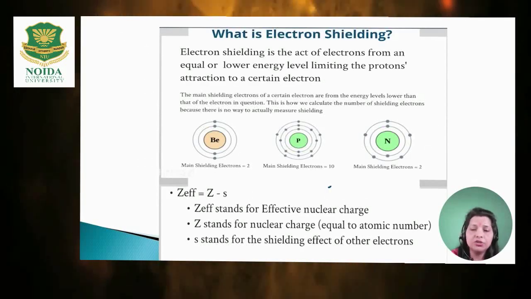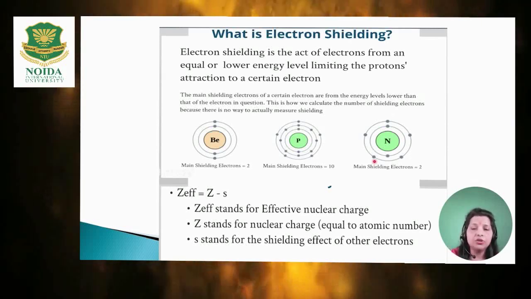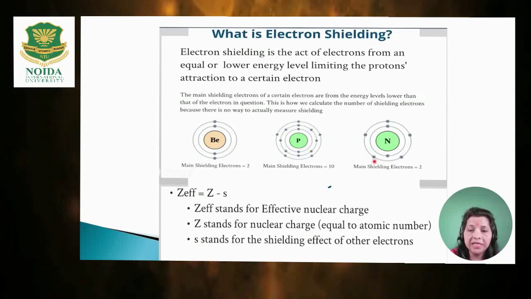Now, what is electron shielding? Electron shielding is basically the protection, or you can say the opposition, of the inner electrons to the outer electron. Suppose you are checking the shielding of this outermost electron: all these inner electrons will shield this electron, and these electrons also.